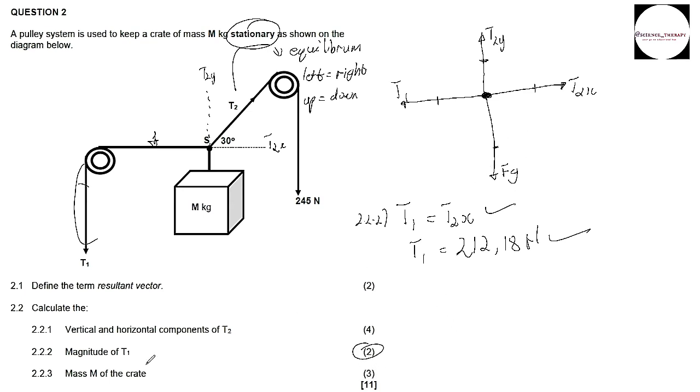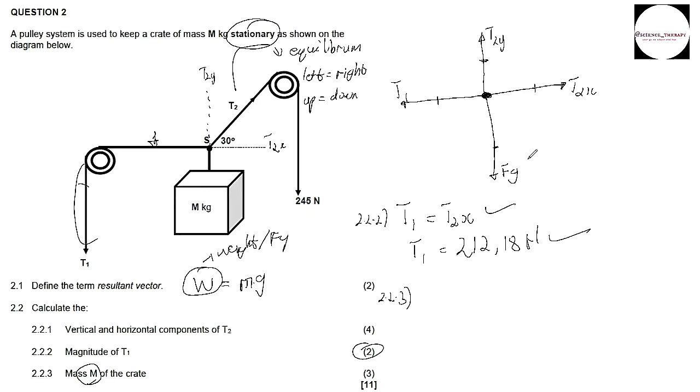Now, 2.2.3, they want the mass m of the crate. We get the mass from only one formula, W equals m times g. In other words, to get the mass, we still need to figure out the weight, or the gravitational force.